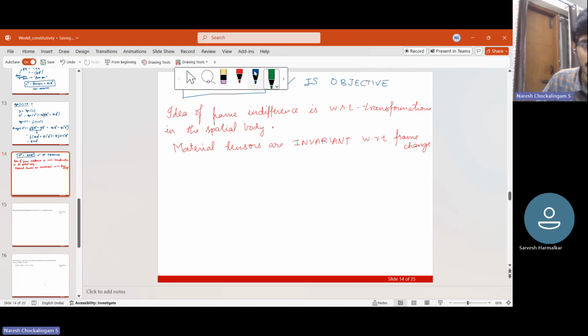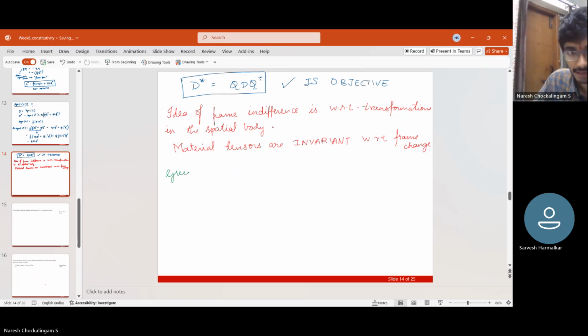Say, for example, if you look at the Green-Lagrange strain tensor, it is a purely material tensor.